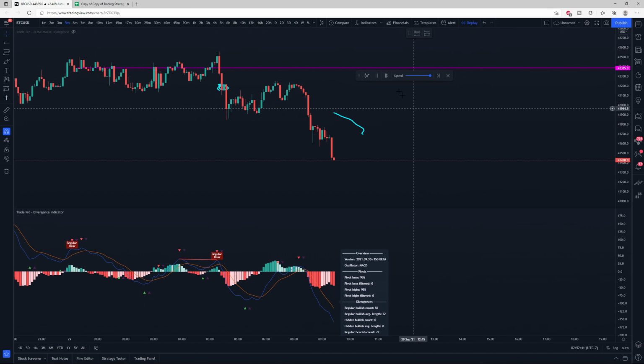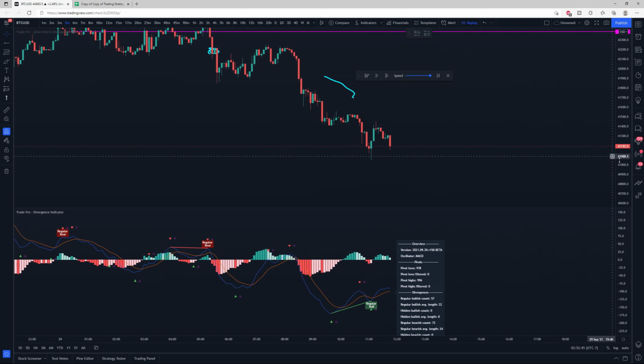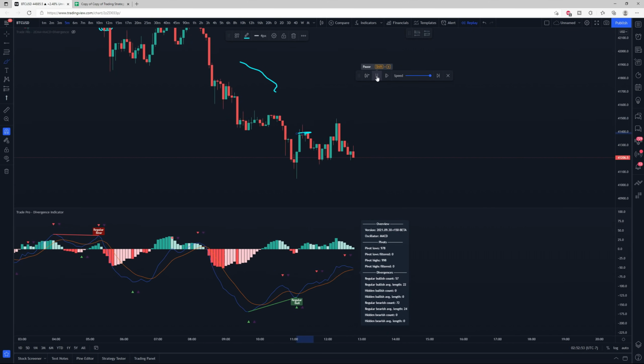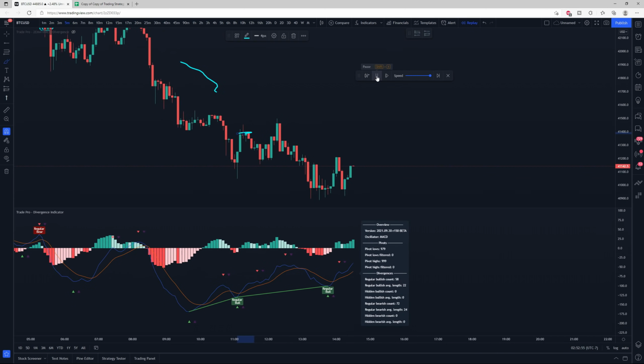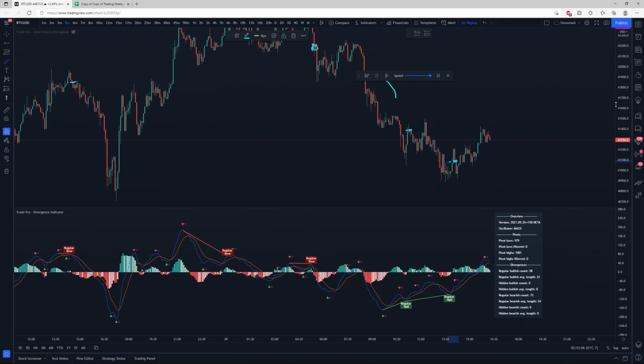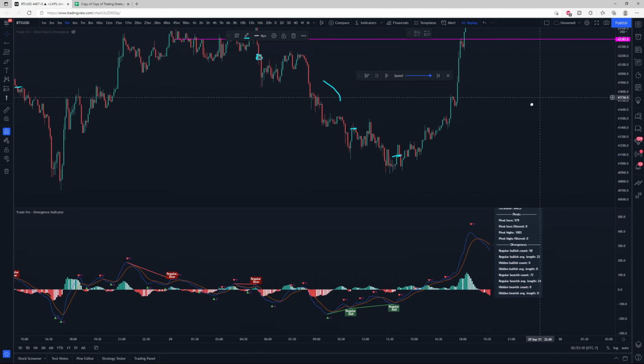And I believe the next ones are some regular bullish divergences. So you can see 1, 2, so you're going to get it up here. And then I believe there's another regular bullish divergence about to be signaled right down here. 1, 2, let's see, right here. And that is the one that really takes off. So you'd probably get stopped out on this one, and then this one will work.